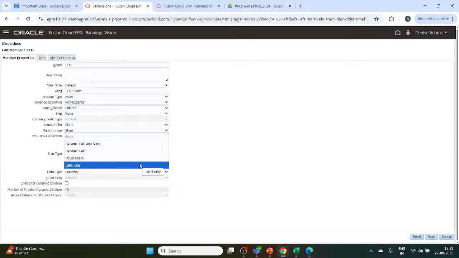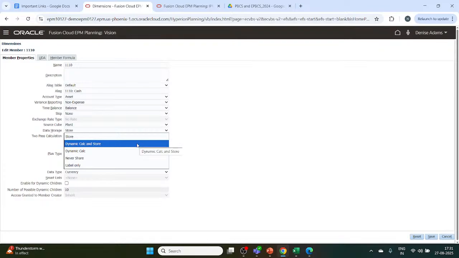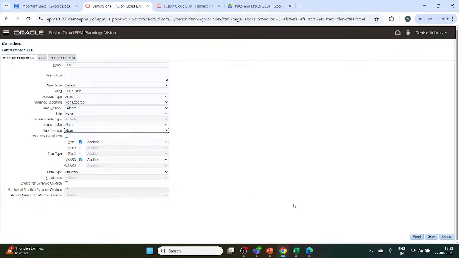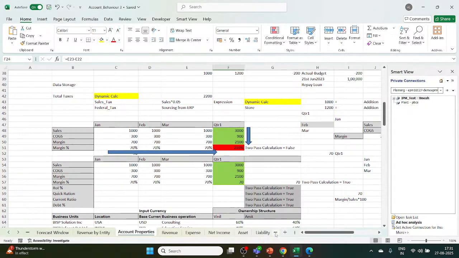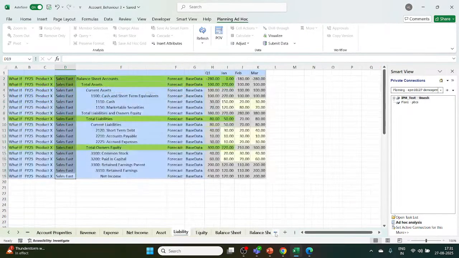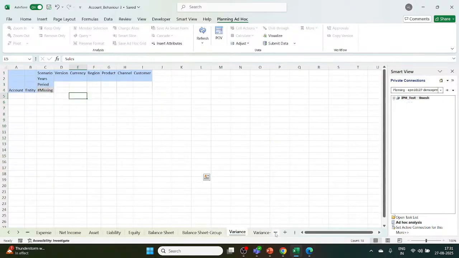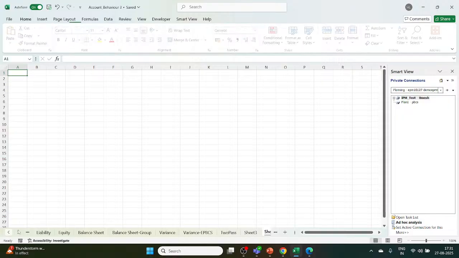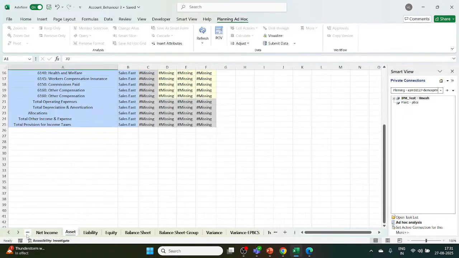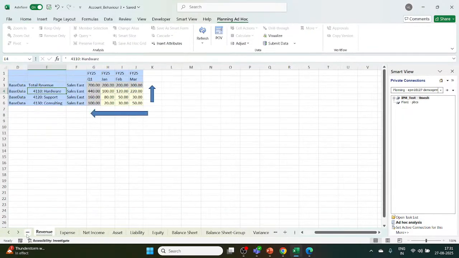Label only is used as a grouping of labels, and dynamic calc and store is a combination of both. So these five things we use for the purpose of calculation. Here we will understand all the topics with the help of examples.